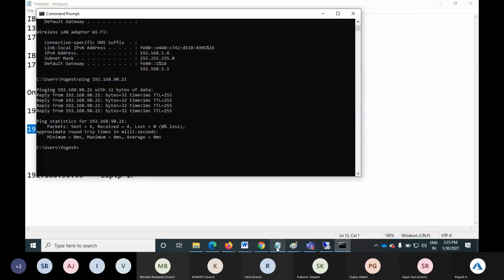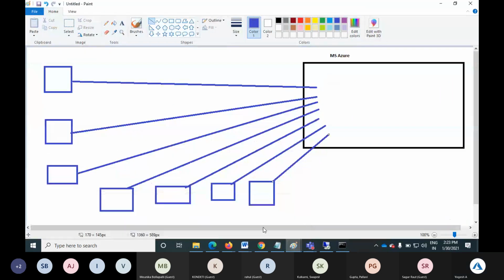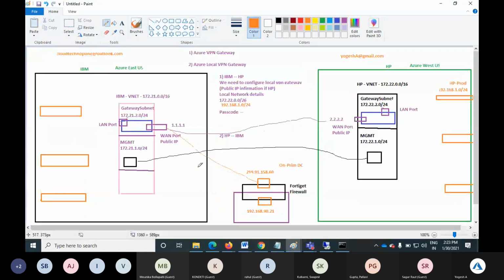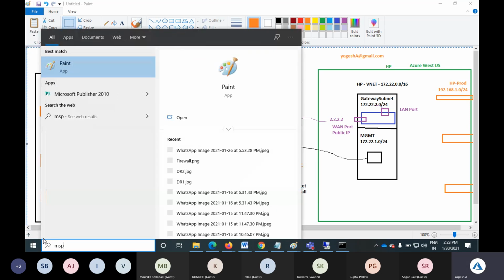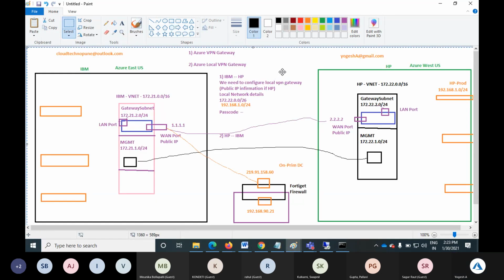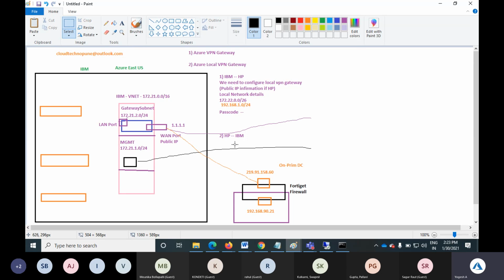So go to the diagram now. So let me remove the HP part, or we'll have one more diagram. Do not have HP part, right?